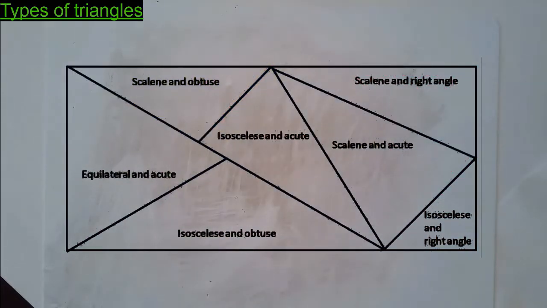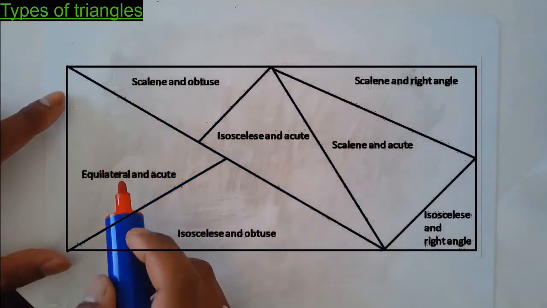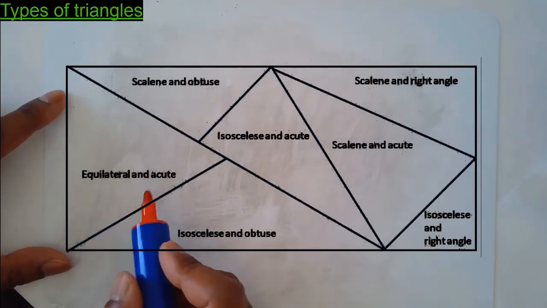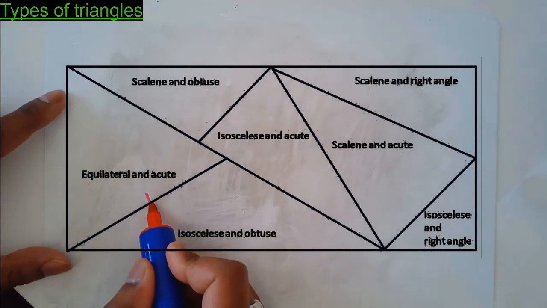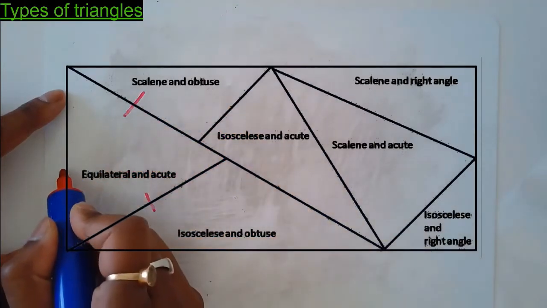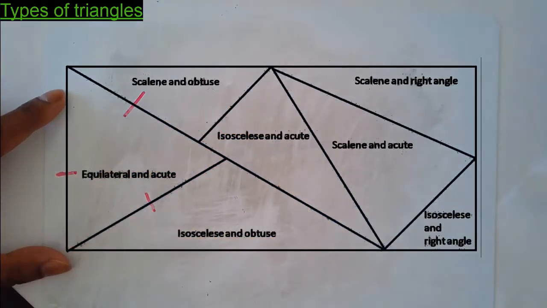These are different types of triangles that have been fitted inside a rectangle. I'm going to describe each and every one of these triangles. Starting off with this one here, you've got an equilateral acute triangle. It's equilateral because this side, this one and this one, all three are the same size.